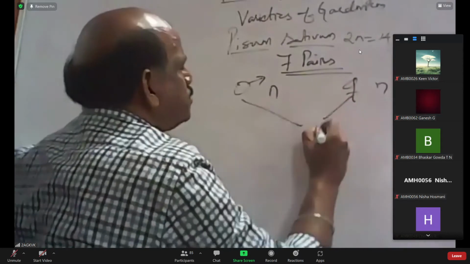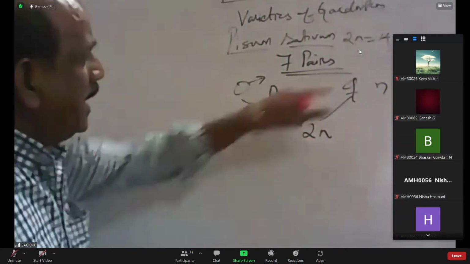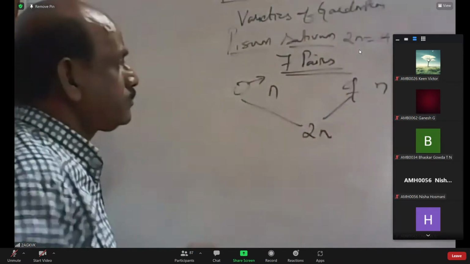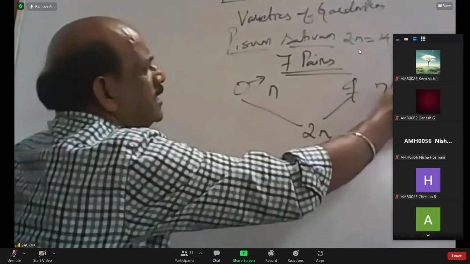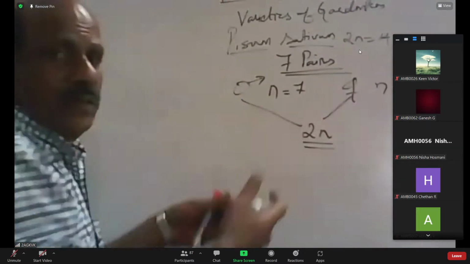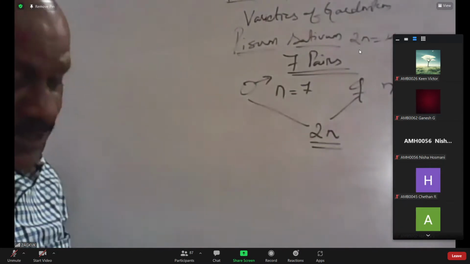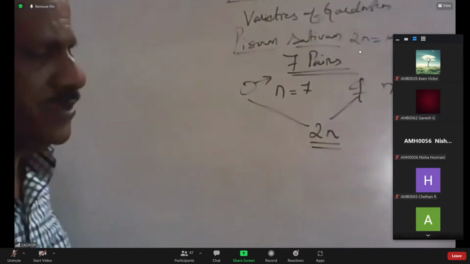They fuse to form the 2n state. I said 2n is equal to 14, so n is equal to 7. The diploid chromosome complement is restored after the male and female gametes fuse. Is it clear?